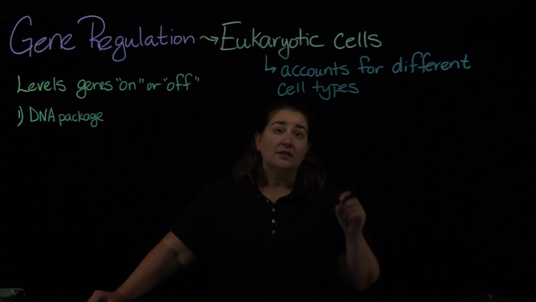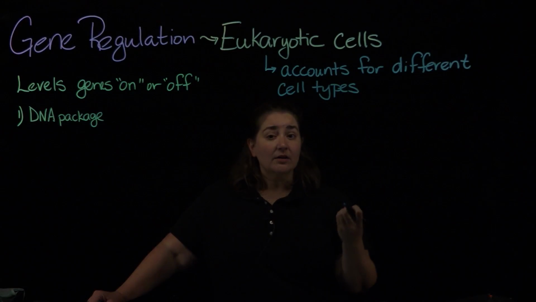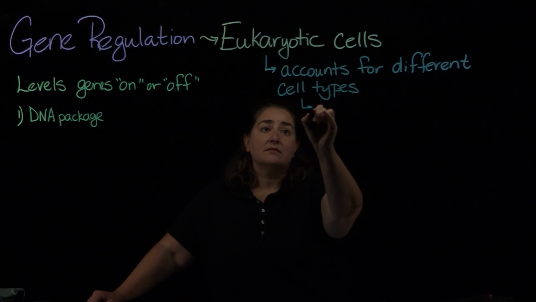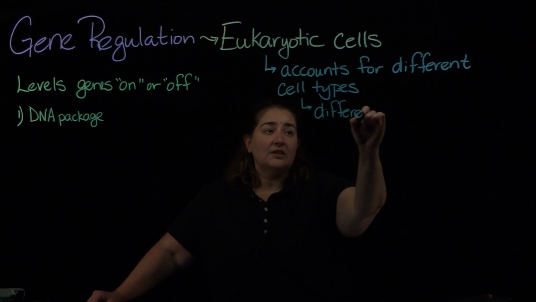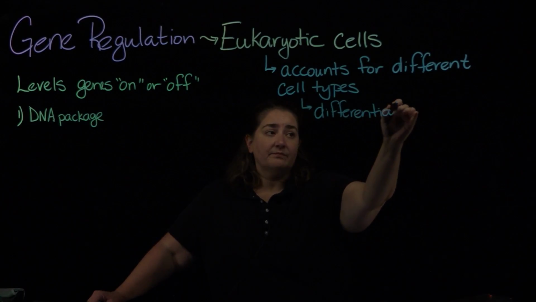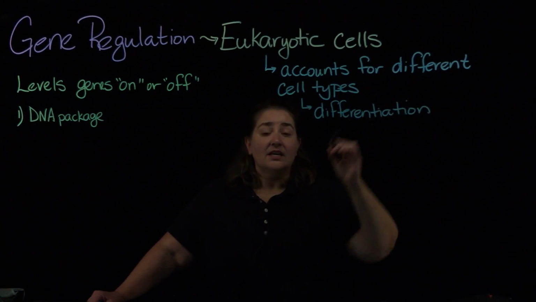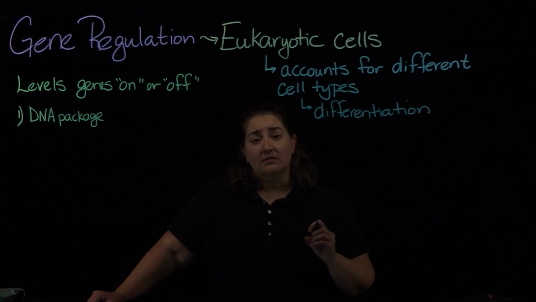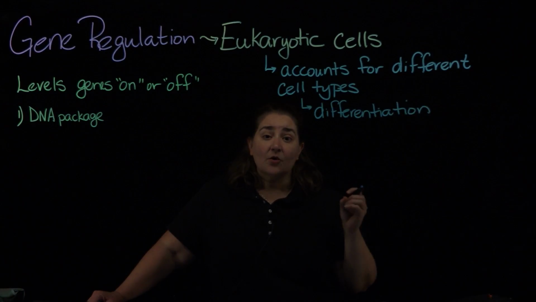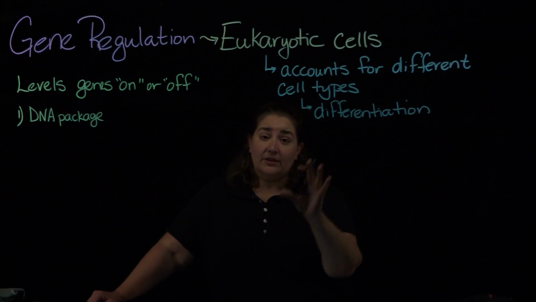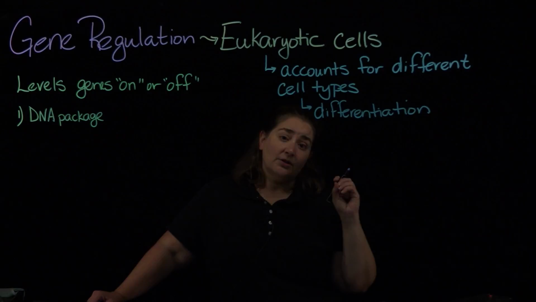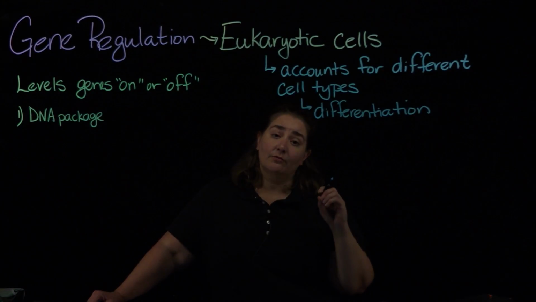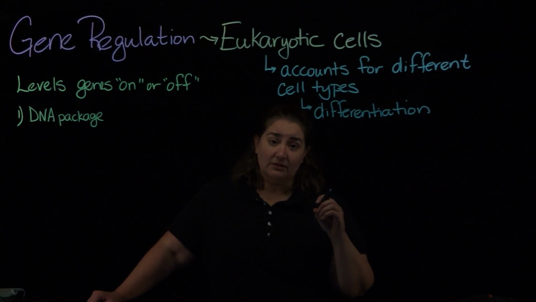Because gene regulation is part of the process known as differentiation, okay? And differentiation means that cells go from having everything to having subsets of genes expressed that are important for the particular function, okay?